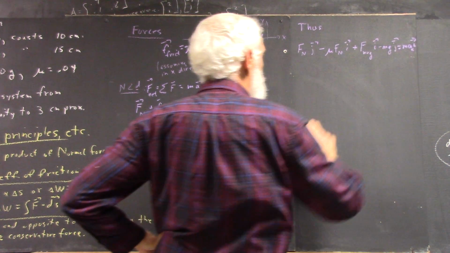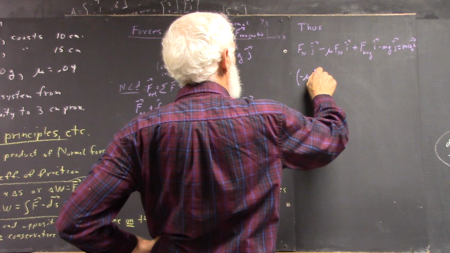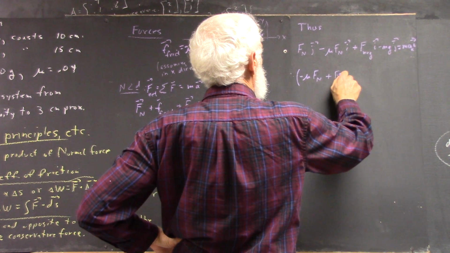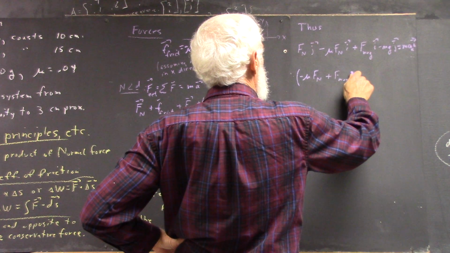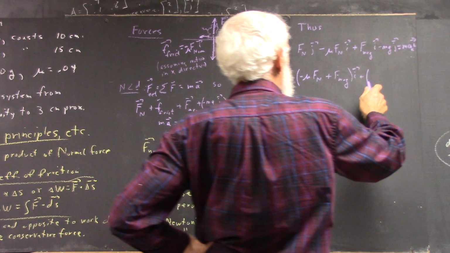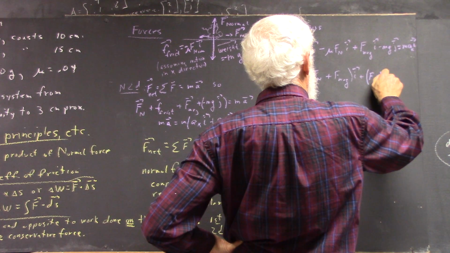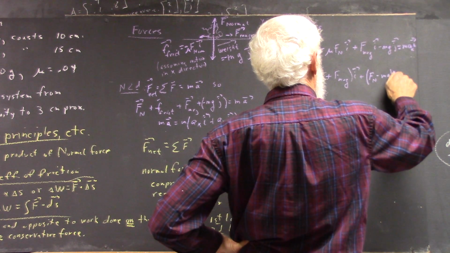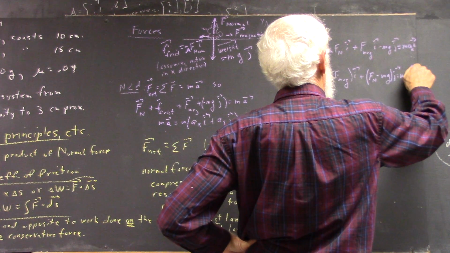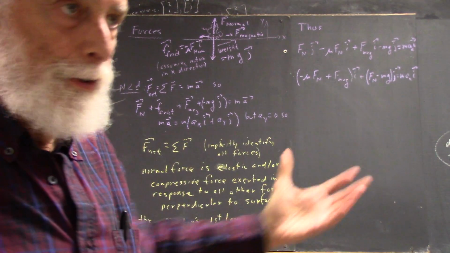And this term and this term are multiples of the J vector. So we get this, right?